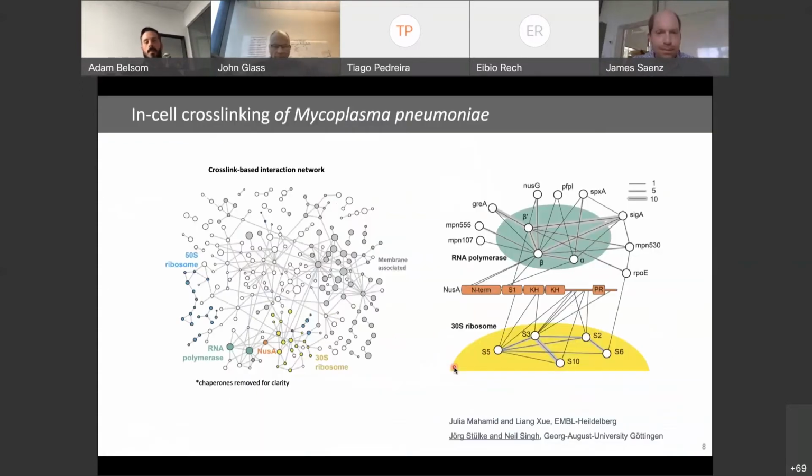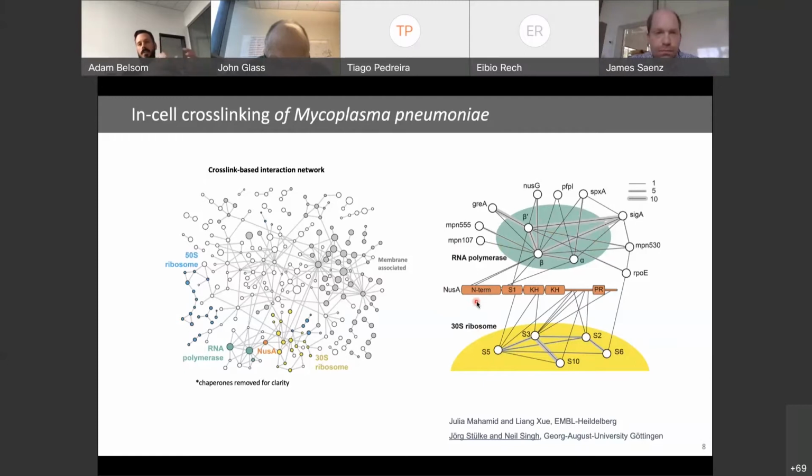We had some success with in-cell cross-linking. This was published last year in Science in collaboration with our friends at the EMBL, Julia Mohammed and Liang, and our friends at Göttingen, Jörg and Neil. In this study, we produced a network, and in this network we saw an unexpected indirect interaction between RNA polymerase and ribosome via NUS-A.